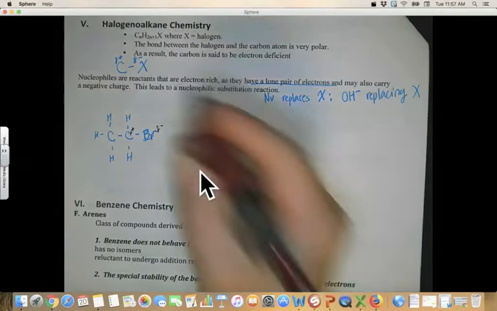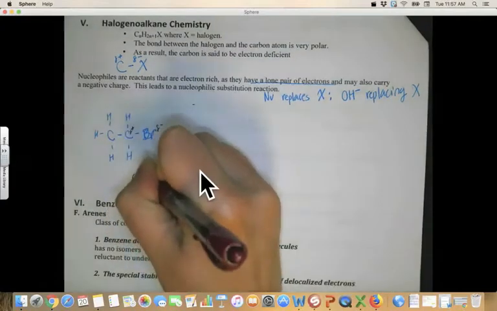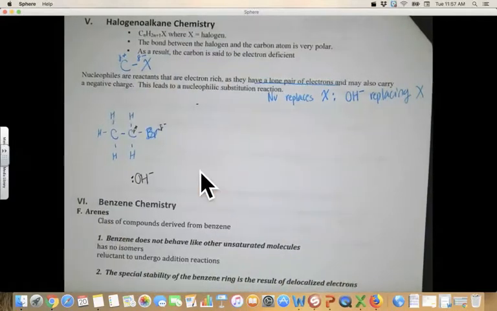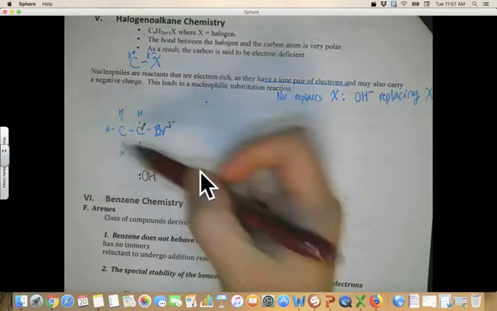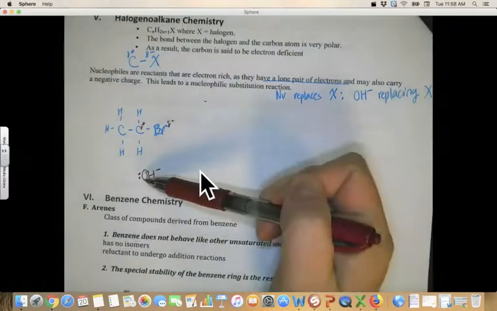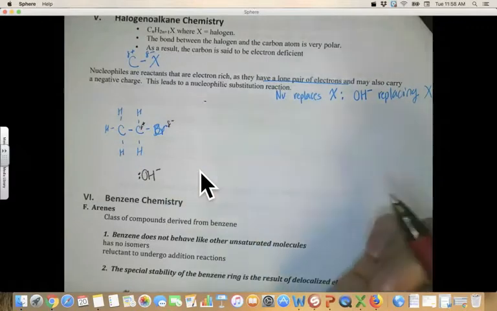Well, if we have this in, say, a sodium hydroxide solution, this is my nucleophile. That nucleophile is going to be attracted to that positive carbon. Now, bromine's rather substantial, but these hydrogens are rather small. And so the hydroxide is going to come in kind of from the back side, if you will.